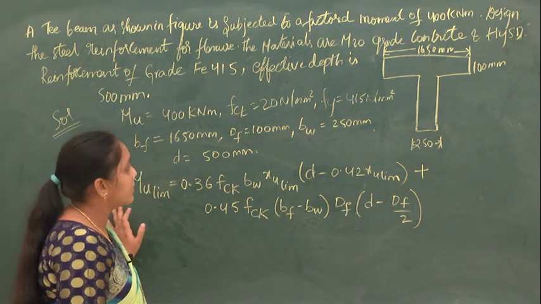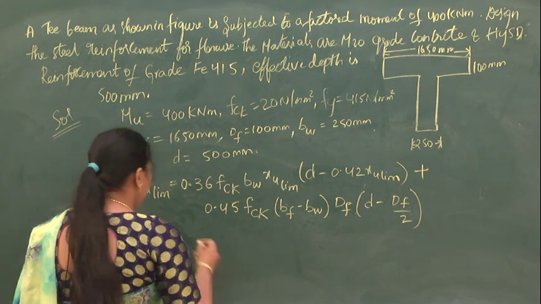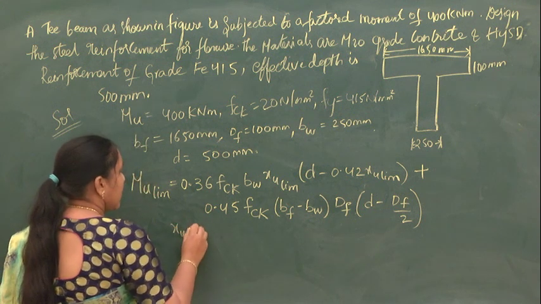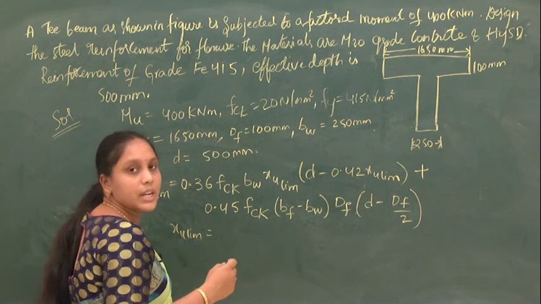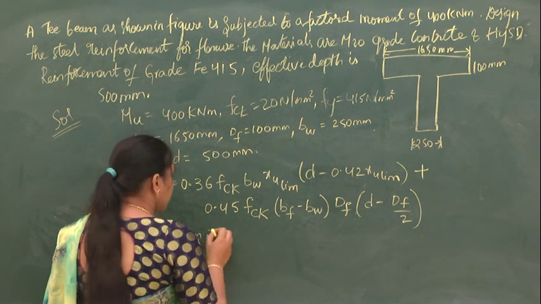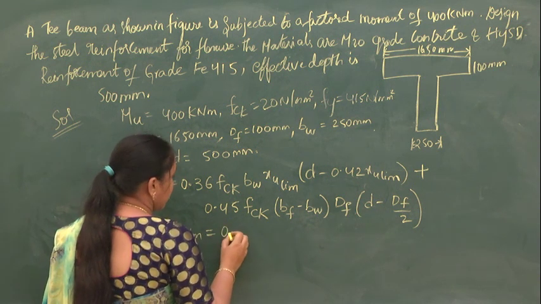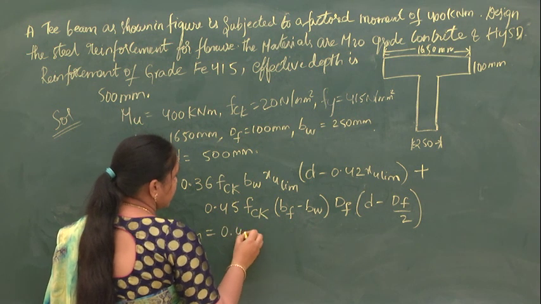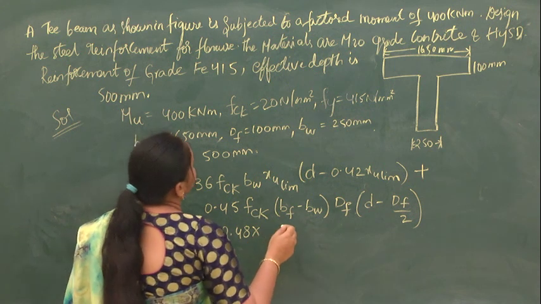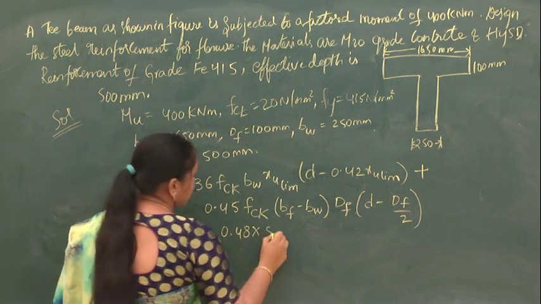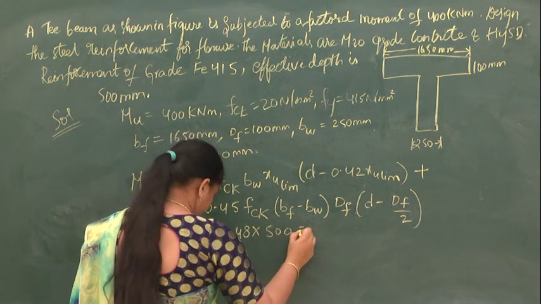So what will be the XU limit? XU limit will depend upon the grade of the steel. What is the grade of the steel here? The grade of the steel here is Fe 415. So XU limit will be equal to 0.48 into D. What is the D here? The effective depth here is 500 mm.